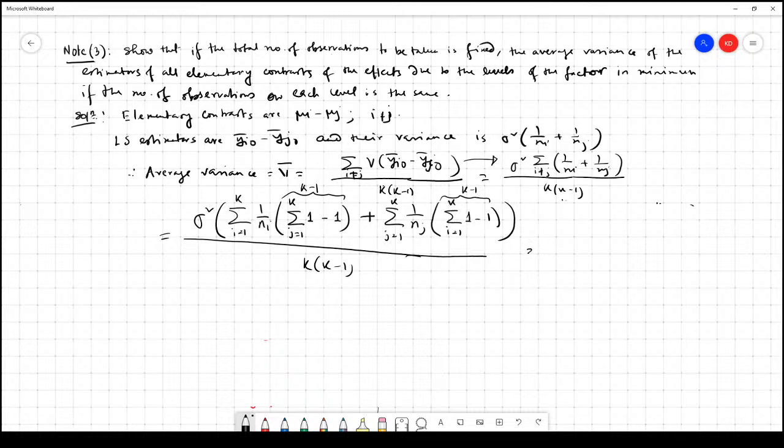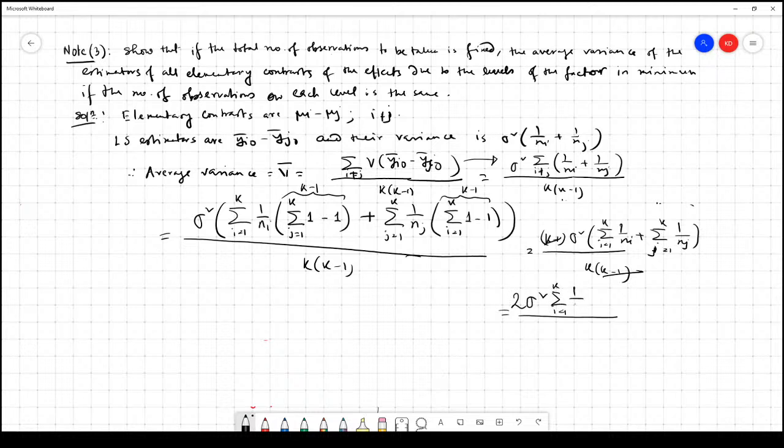So hence k minus 1 sigma square, sum over i from 1 to k of 1 by ni plus sum over j from 1 to k of 1 by nj, divided by k into k minus 1. Okay, so this is equal to sigma square, because these are dummy variables, we can write 2 into sum over i from 1 to k of 1 by ni by k.